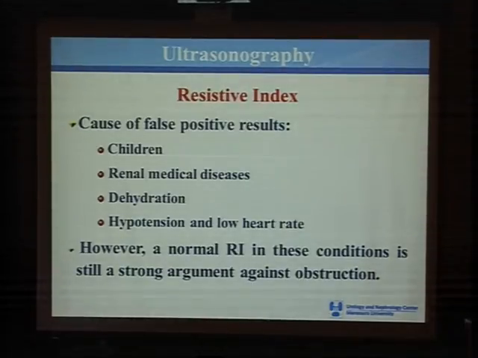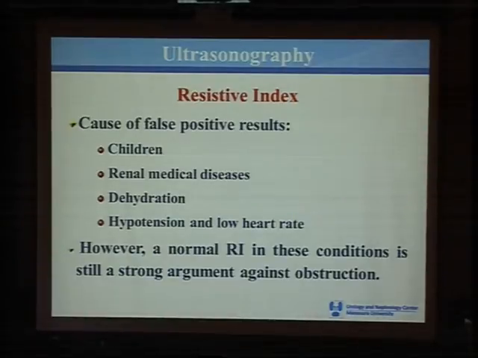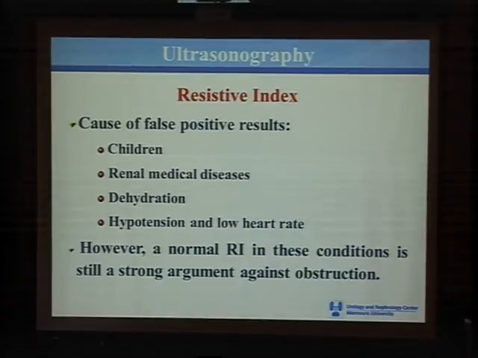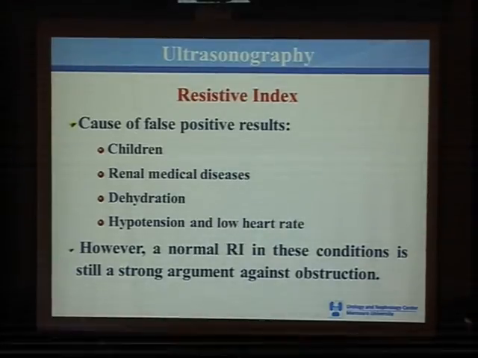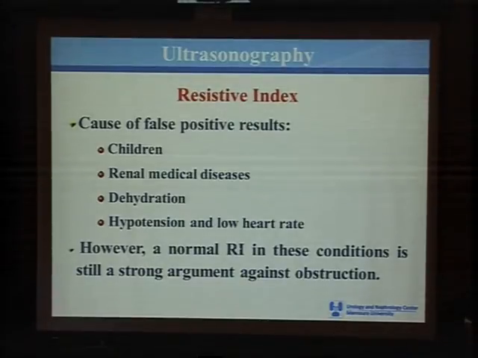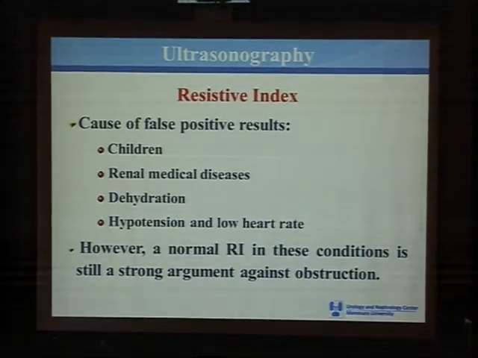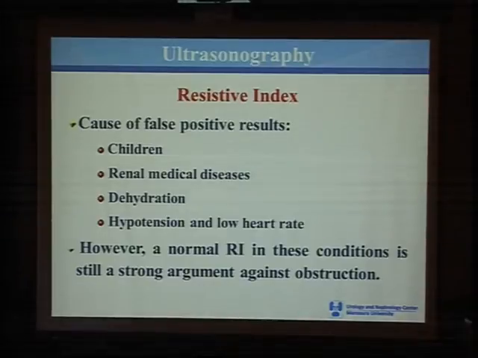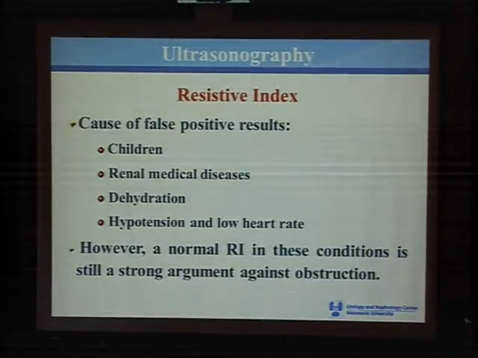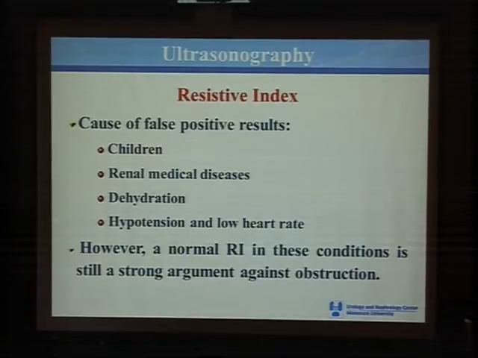However, a normal renal resistive index in these conditions is still a strong argument against obstructive uropathy. So if you have any of these, and you measure the renal resistive index and you find it in the normal range, 0.7 or less, this means absence of obstruction. So it is a good negative test.